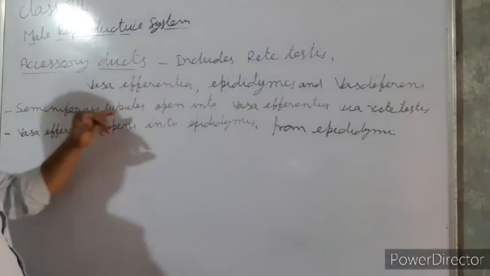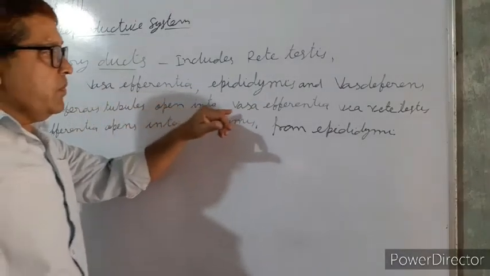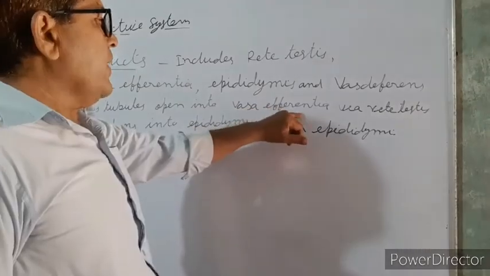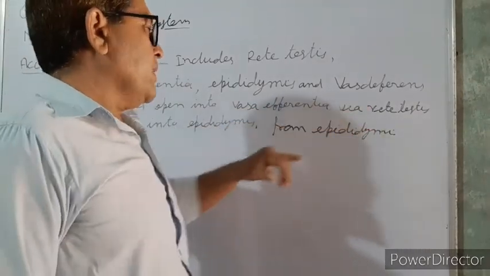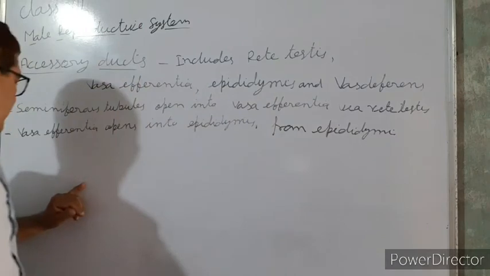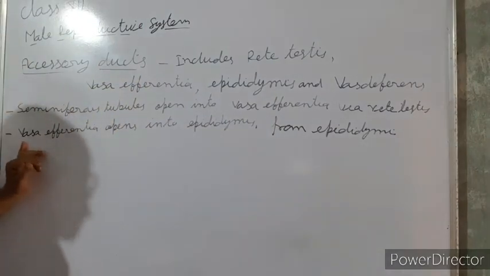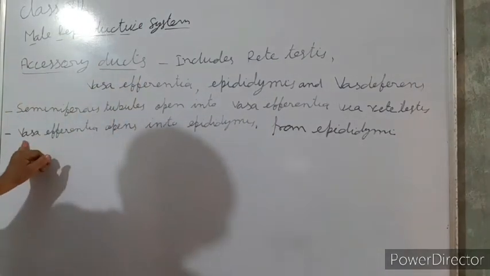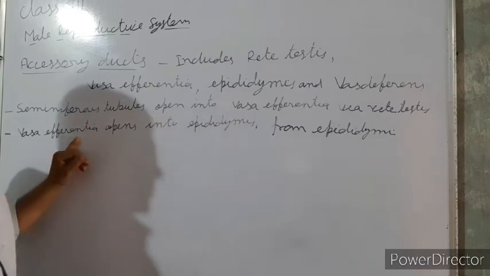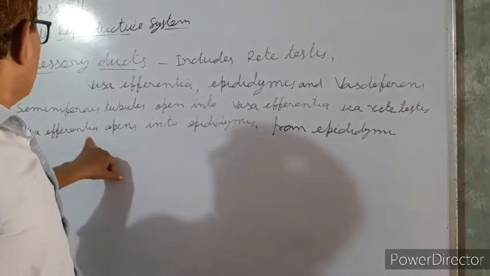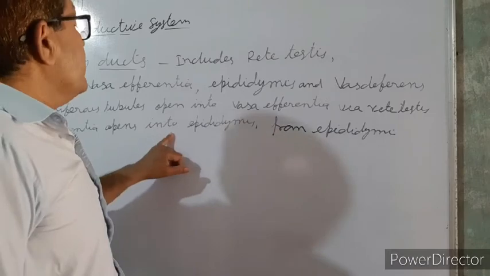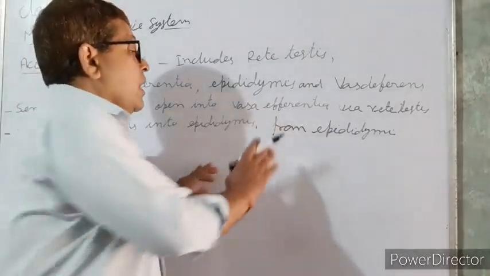The seminiferous tubules open into the vasa efferentia via the rete testis, and after that several vasa efferentia open into the epididymis.